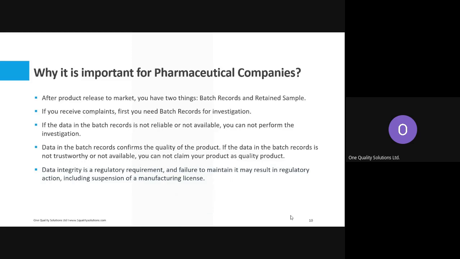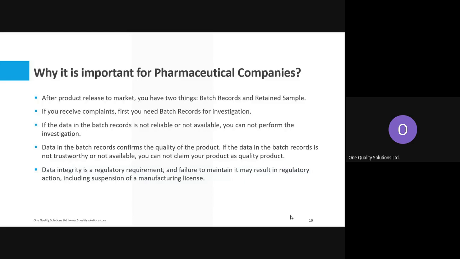If you receive complaints, first you need batch records for investigations. In the batch records, you review the data to check whether the complaint is justifiable or not. So if data in the batch records is not reliable or not available, you cannot perform the investigations.